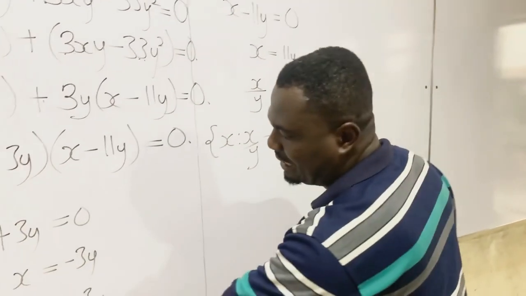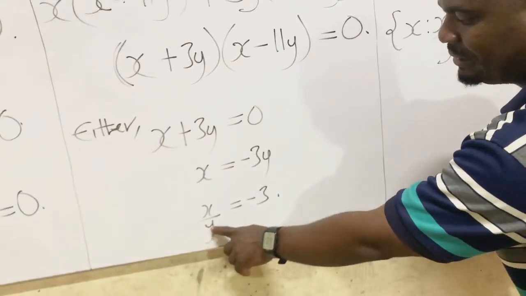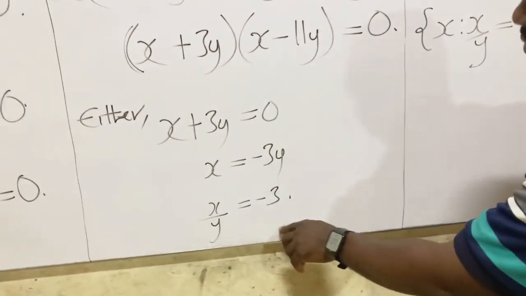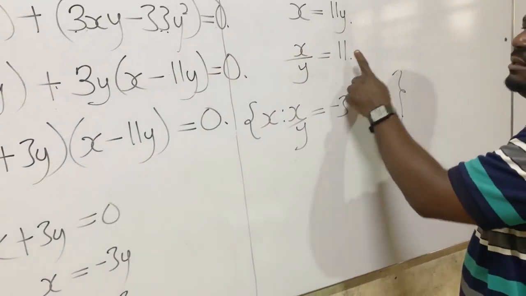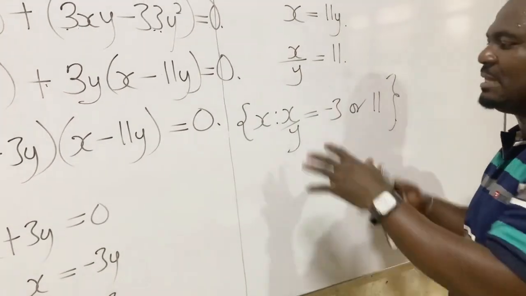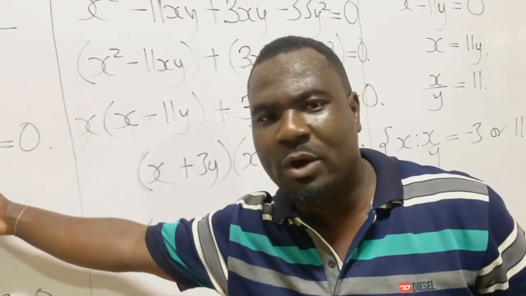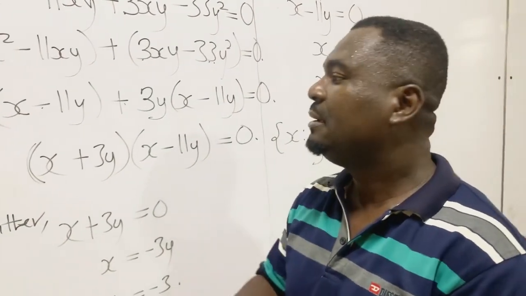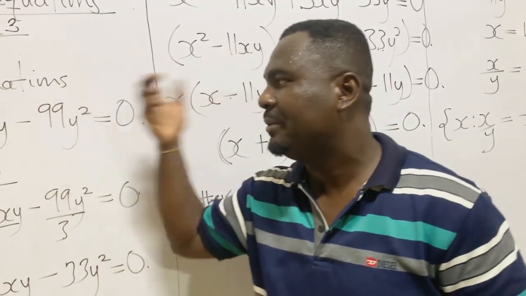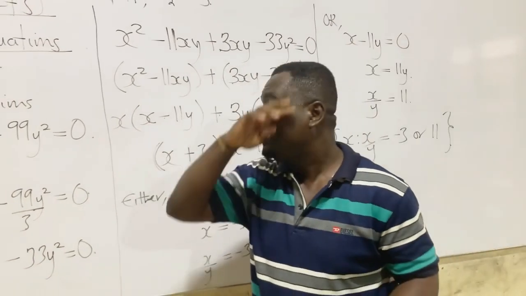So meaning here x is -3, your y is 1 here. Here x on y equal to 11 means your x is 11, your y is 1 here. When you substitute this into the given equation, everything here will turn 0. So it tells you that this can satisfy the equation.